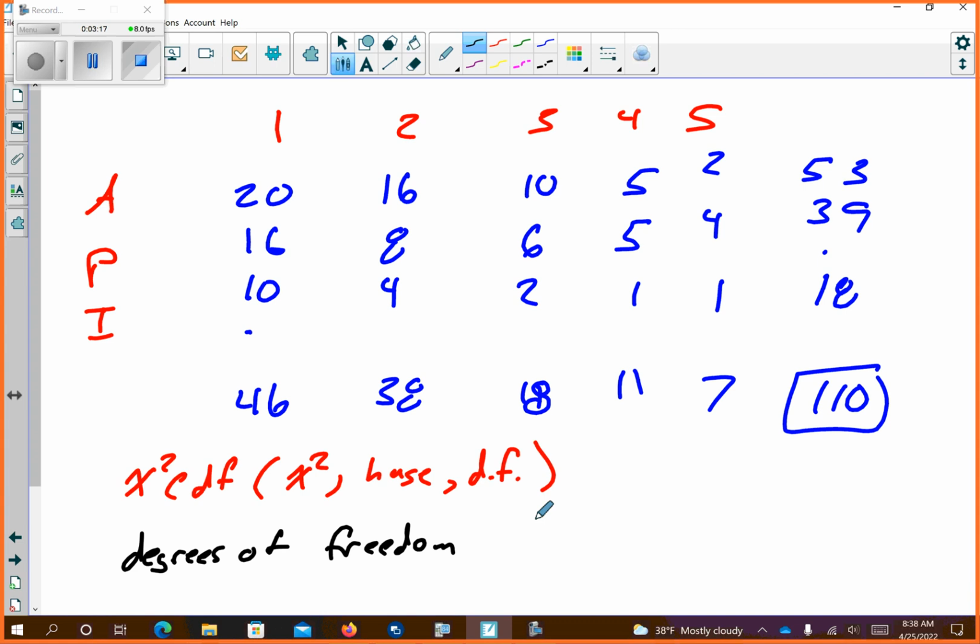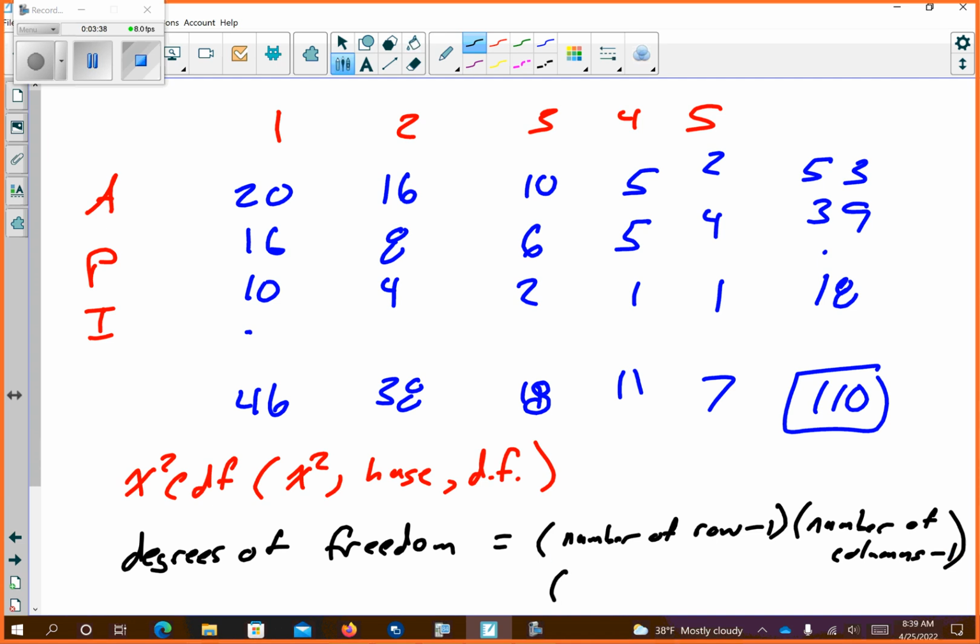But the degrees of freedom with this is the number of rows minus 1 times the number of columns minus 1. We have 3 rows and 5 columns. So that gives me 2, that gives me 4. So our degrees of freedom would be 8. Okay?